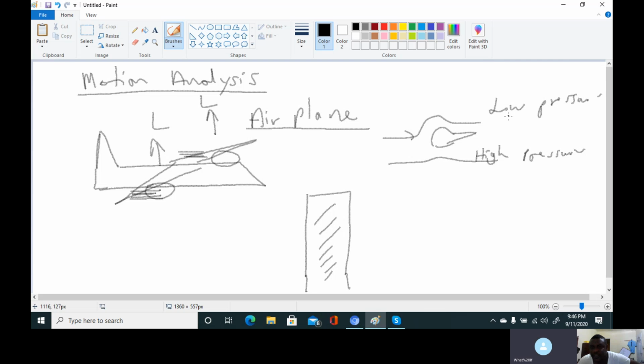This is called aerodynamics. So below the wing you have low velocity, and above the wing you have high velocity. What that means is that you build up high pressure below and low pressure above. That is what causes the lift.